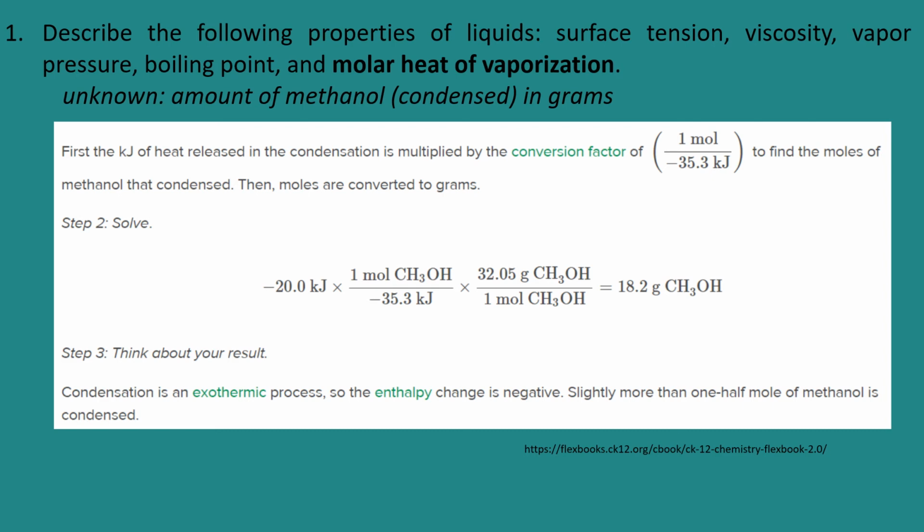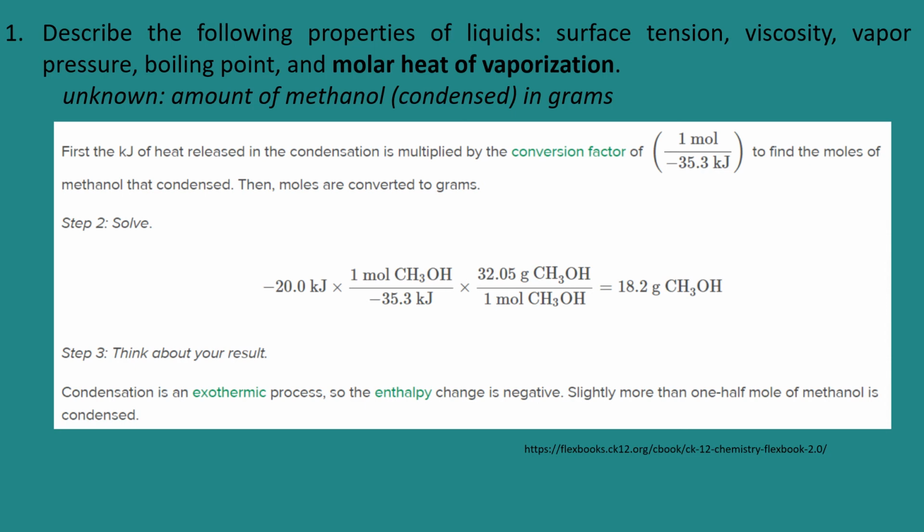So this is the molar heat of condensation for methanol, times our molar mass which we got earlier, 32.05 grams of methanol in 1 mole of methanol.